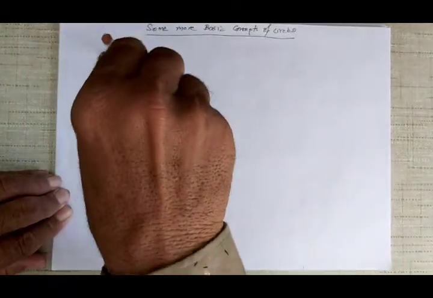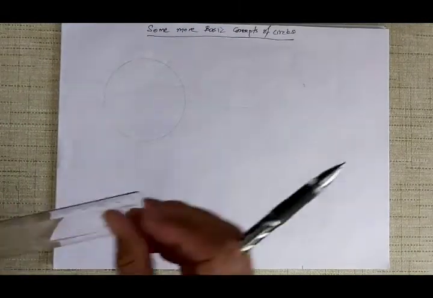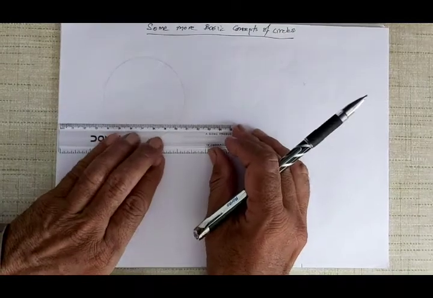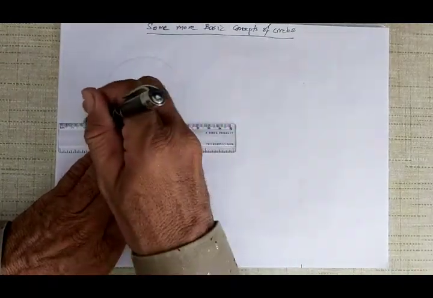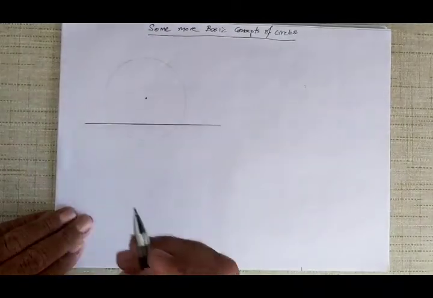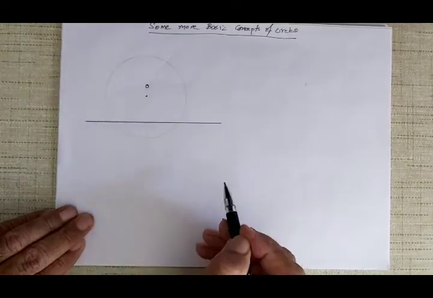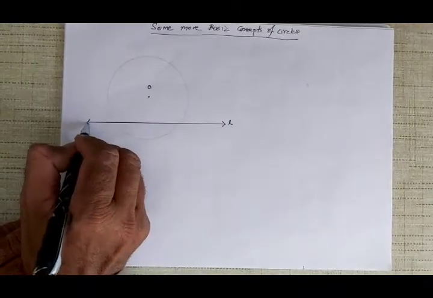Some of you don't have an idea of some fundamental concepts. Supposing, see now, I have got a secant out here. Now this is the secant and this is the center of the circle. This is a circle with center O and radius R, and L is a secant to the circle.